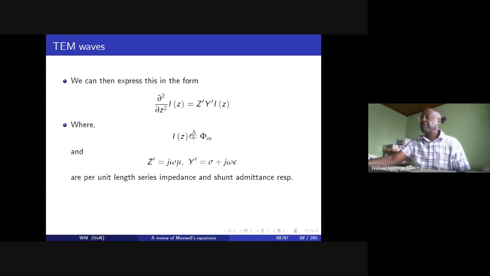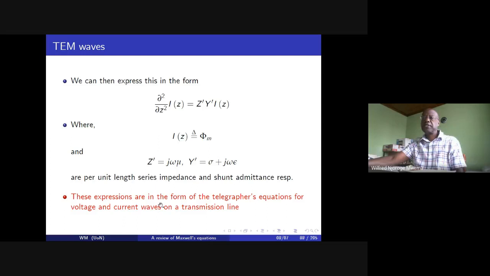Therefore, phi_m should be our current, so to speak. It should have units of current rather than voltage. And therefore, the values are given as before, and they are the same as those for the voltage. And we have two wave equations with respect to z.